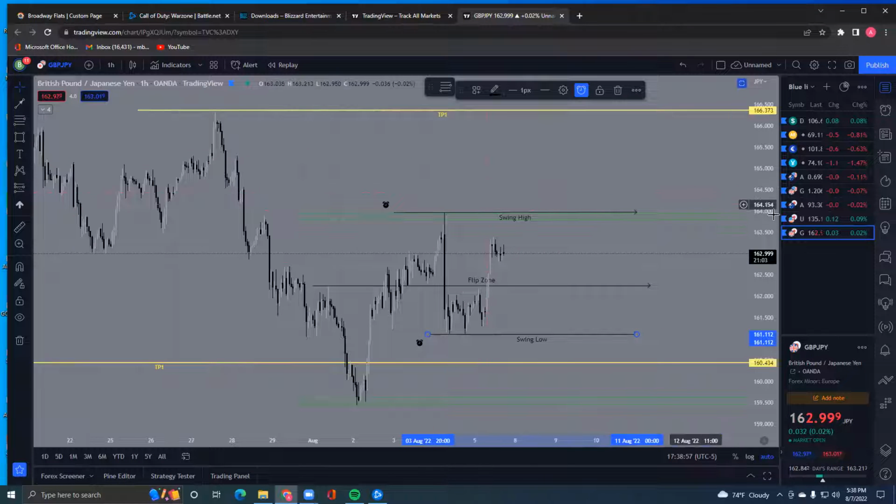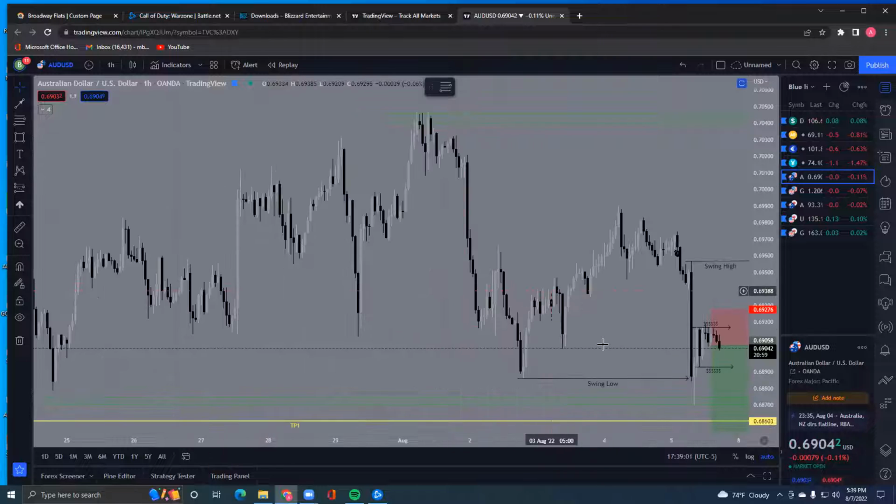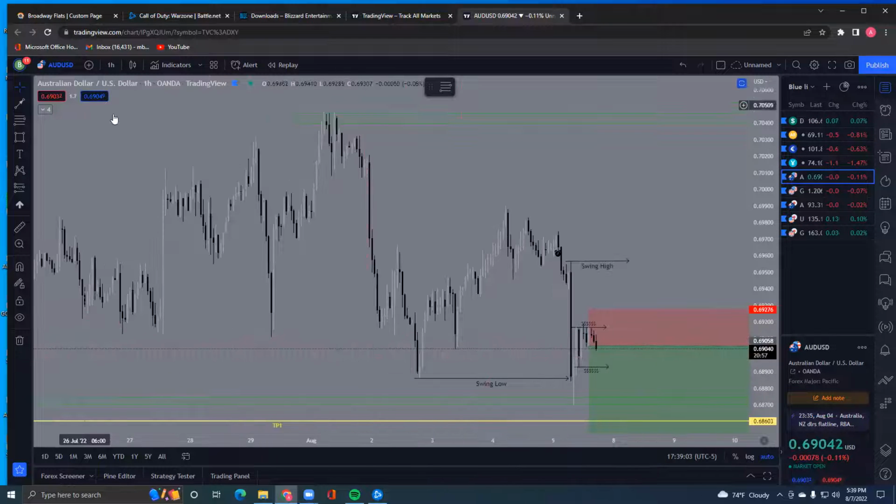So I'm gonna do the rise blocks for all of these setups so that I'm actually able to know my points of interest. This didn't break this level, so I'm not gonna consider it a point of interest yet, but where we are right now could actually lead to the low breaking.